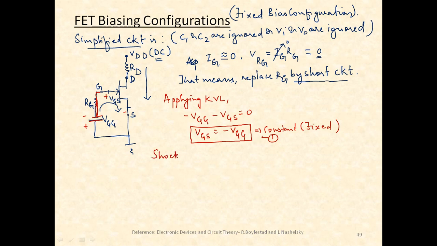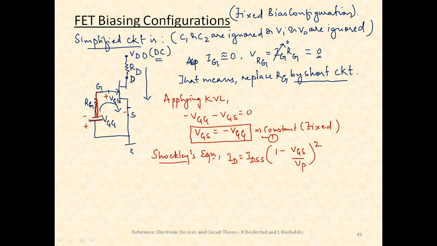Now we know the Shockley's expression. The Shockley's equation for JFET is given as ID is equal to IDSS, which is the drain to source saturation current, multiplied by 1 minus VGS upon VP the whole square.